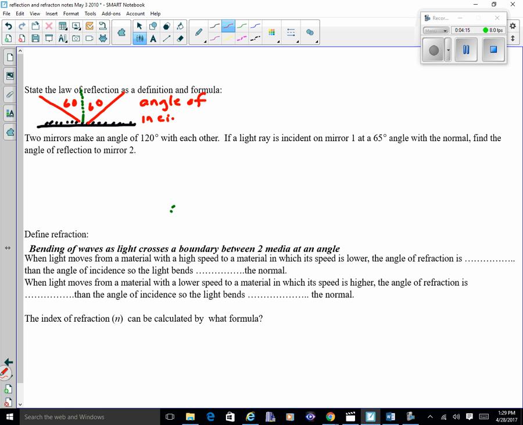So coming in at this 60-degree angle equals the angle of reflection, and that would be the angle on the right-hand side over here. So the way I'm going to write that is theta i, where theta means the angle and i means incidence, equals theta r, the angle of reflection.